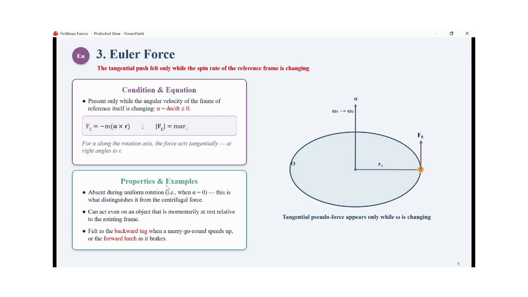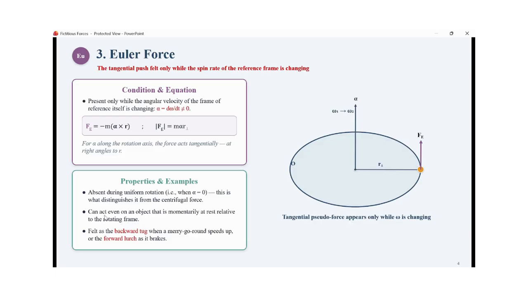Now important properties of this Euler force: Euler force will be absent, or it will become 0 when the frame of reference is in uniform rotation. So if omega is constant, then alpha will become 0, and in that case Euler force will be absent, or it will be 0.